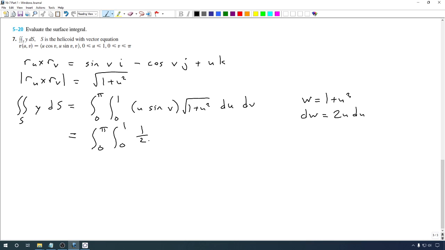So I'm going to have a 1/2 sine v, square root of w dw dv. Though I do need to change my limits, don't I? So 0 and 1 were the limits for u. When we plug in 0 and 1 in here, for 0 we get 1, for 1 we get 2.